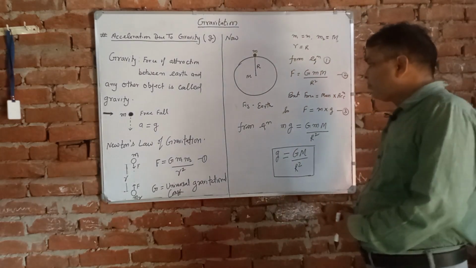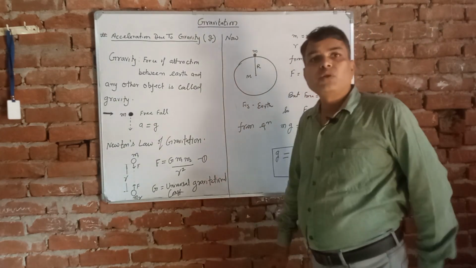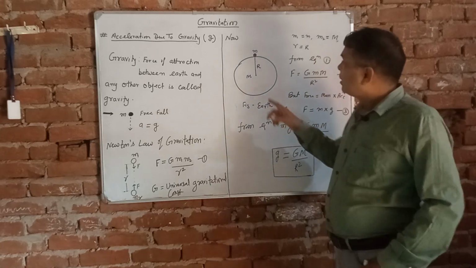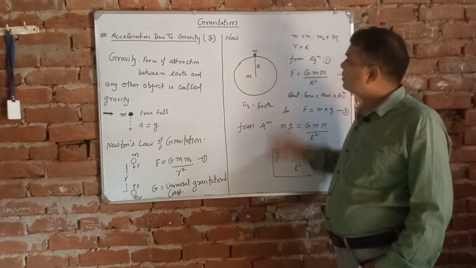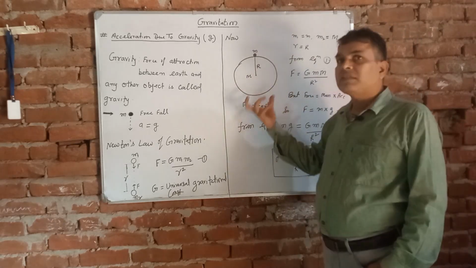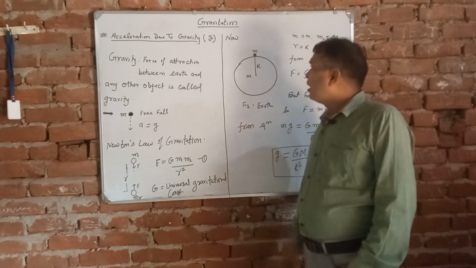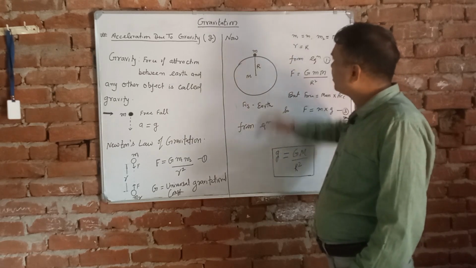Now we are going to derive the acceleration due to gravity. Suppose this is the earth. The mass of the earth is M and the radius of the earth is capital R. We can consider the whole mass of the earth to be concentrated at the center of the earth, and small m is on the surface of the earth.